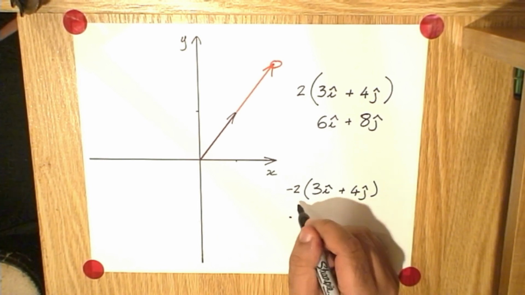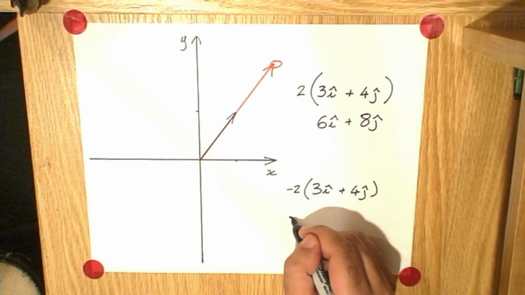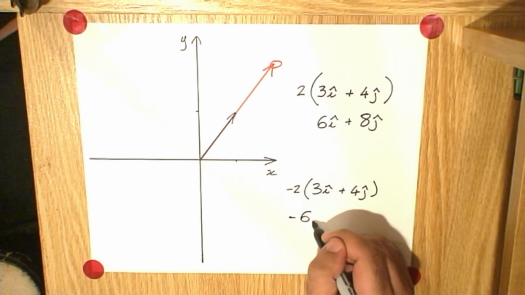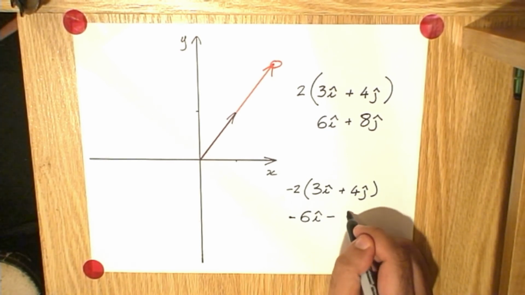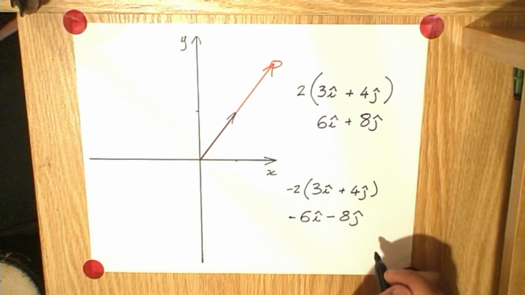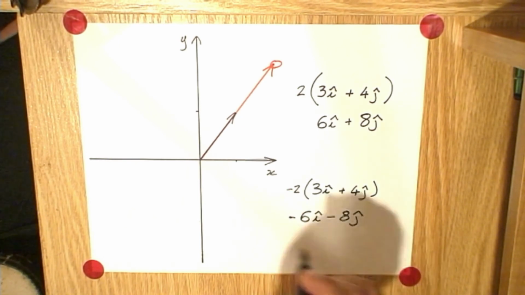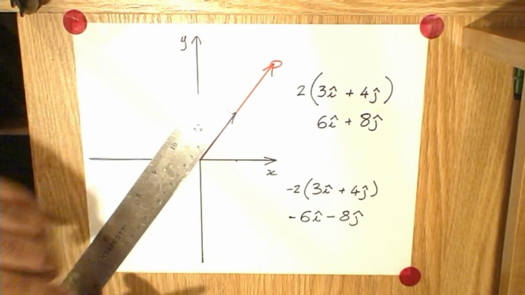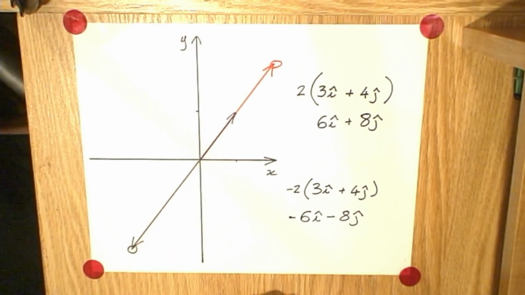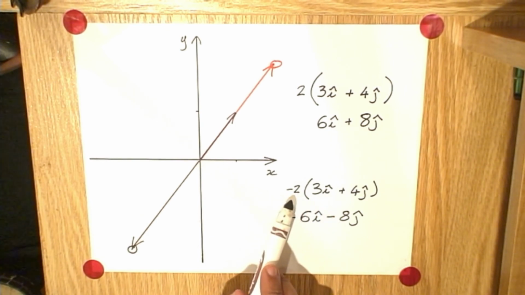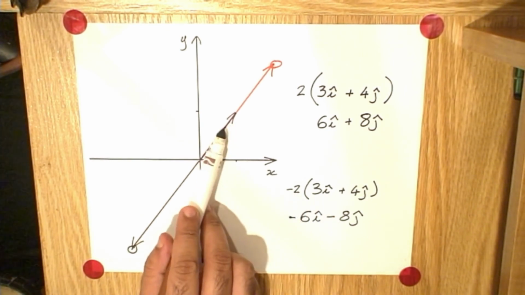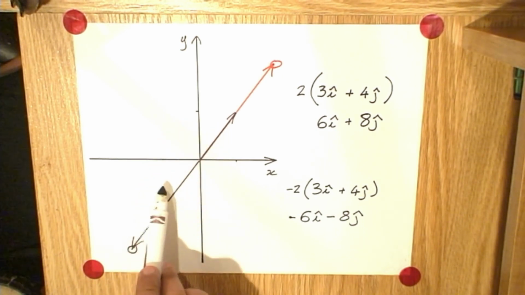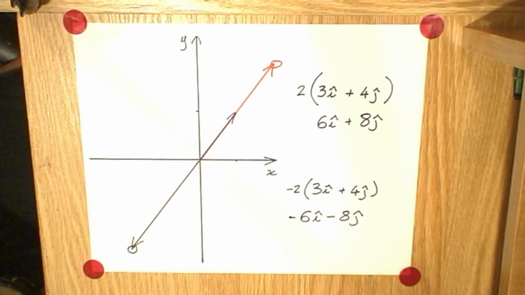That would give us, again, distributed in the same way, negative 6i hat minus 8j hat. What does that look like? Like this. So multiplying by a negative number takes a vector and not only scales it, but also flips it around by 180 degrees.